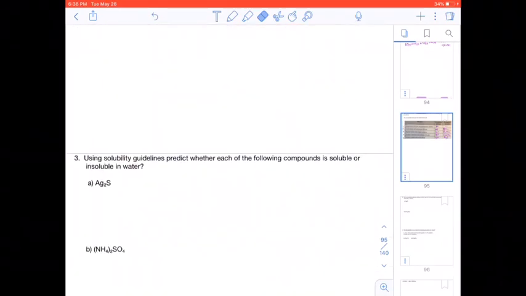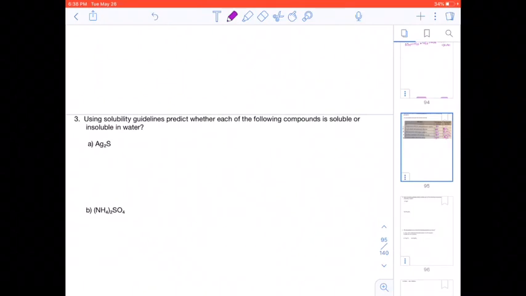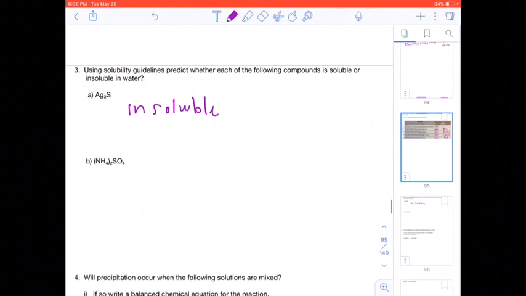Okay, now let's look at using solubility to predict whether each of the following compounds is soluble or not. Ag2S. If you look at your table, you'll notice that it is insoluble. Right? And then ammonium sulfate.